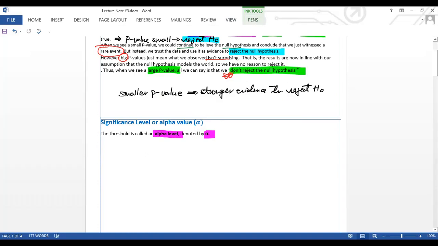So we say, hey, when we are below this value here, then we will say I have strong evidence here, okay? And the alpha level is also called the significance level.